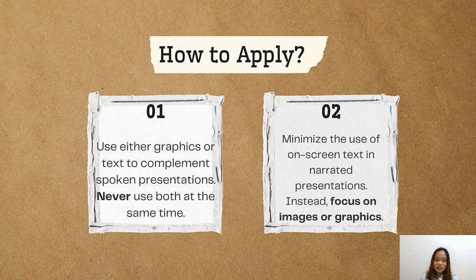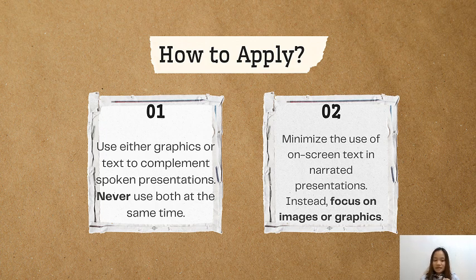But this principle suggests that instead of using text when we narrate, we should not use text on the slides. We can use graphics or images, and then we narrate, instead of putting text on the slides and then reading and narrating it at the same time.